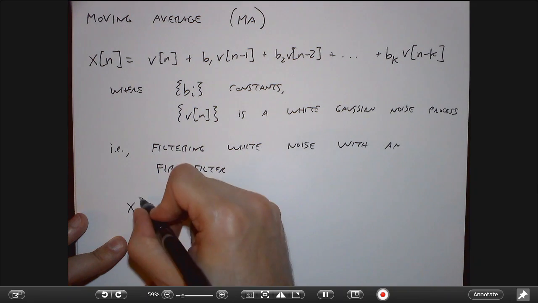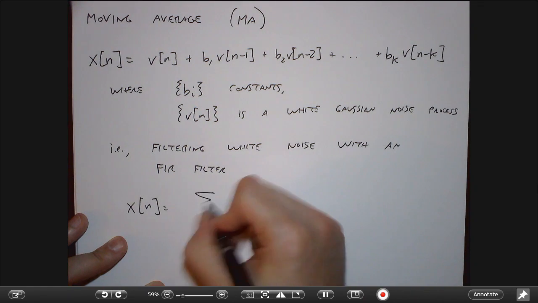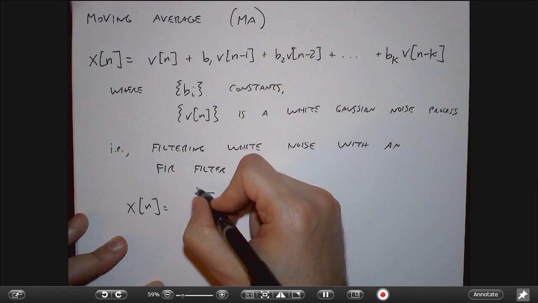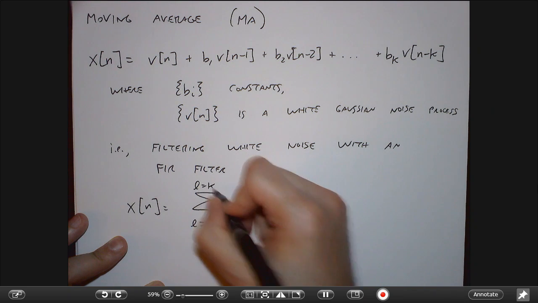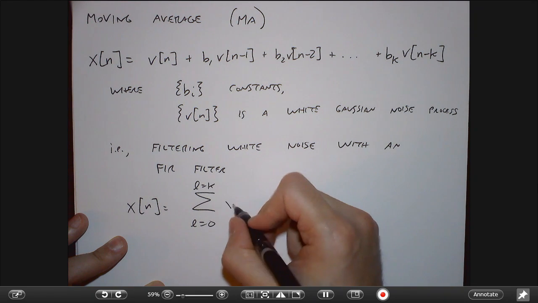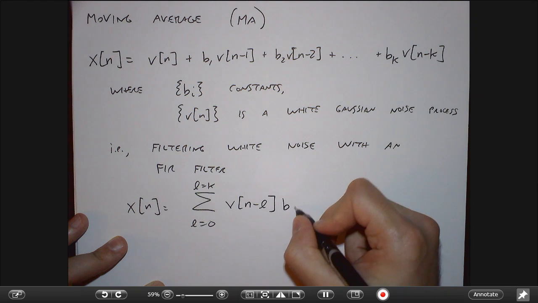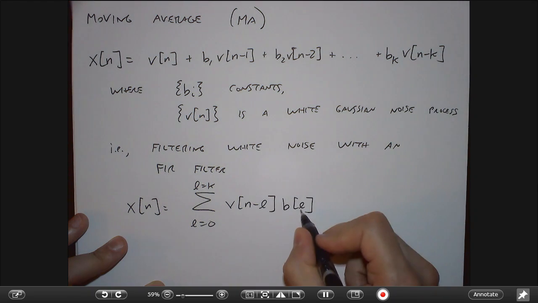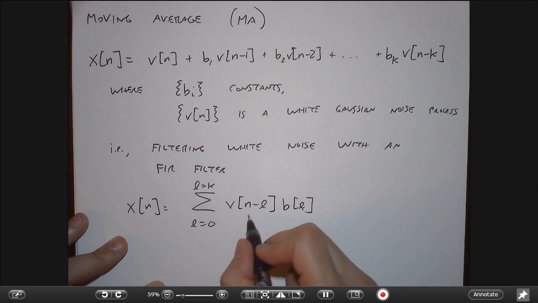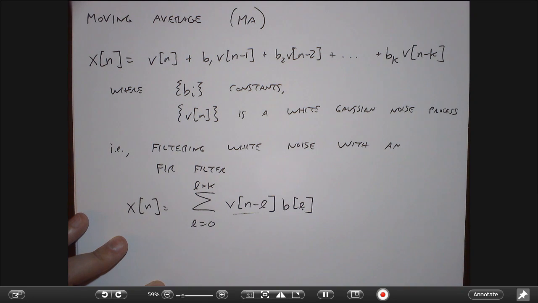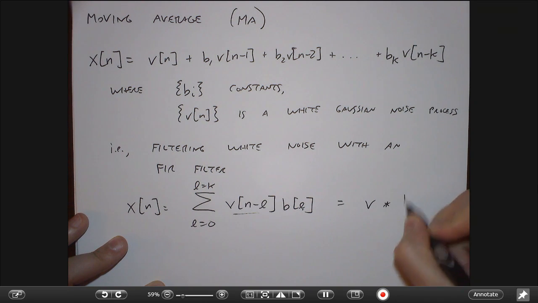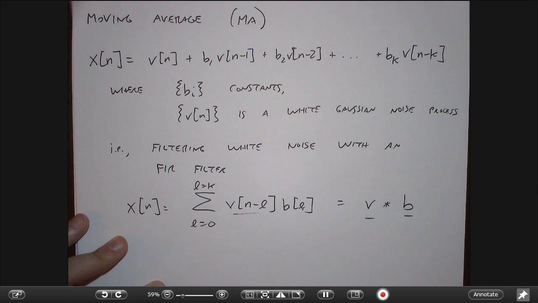So I could write this in a different way just by saying this is like convolving. I take the corresponding value of the filter and I multiply it by the corresponding point of the noise, right? So it's just like saying I'm convolving the filter with the noise, okay?